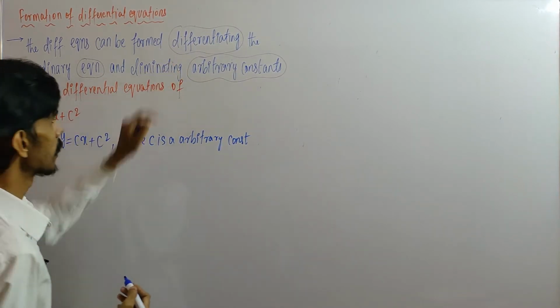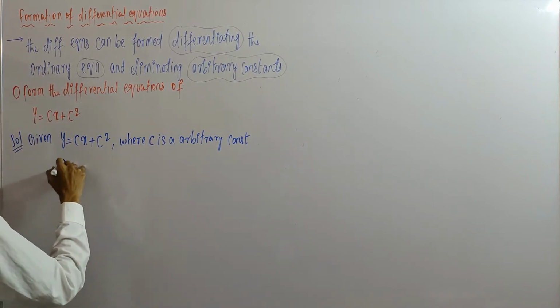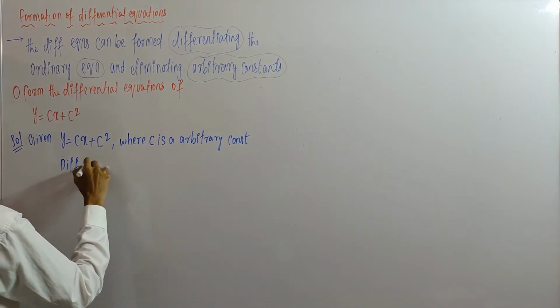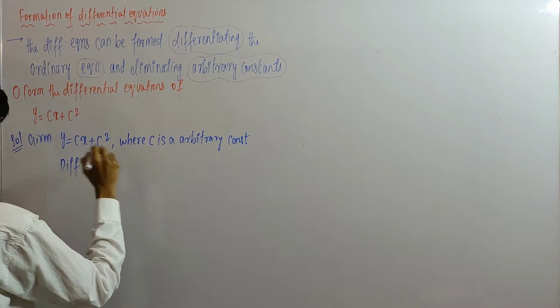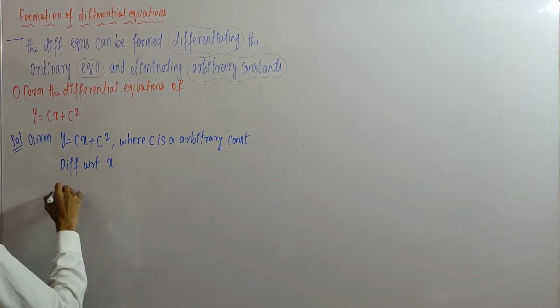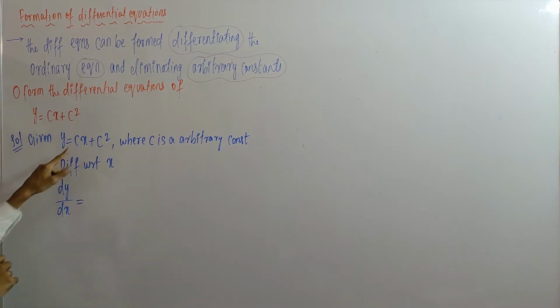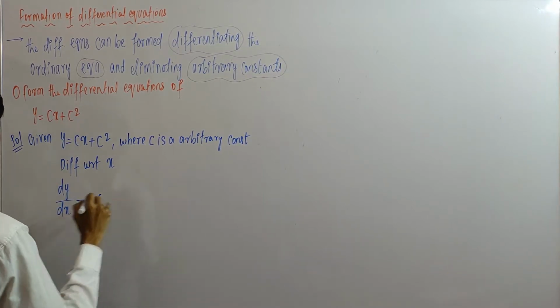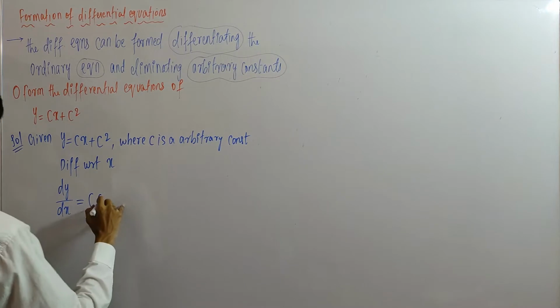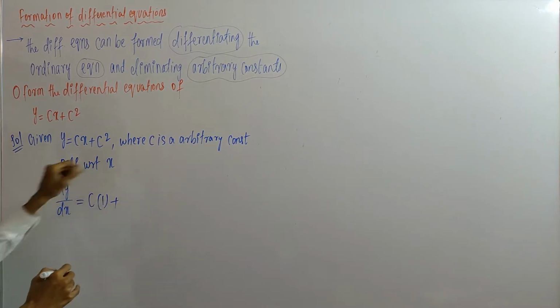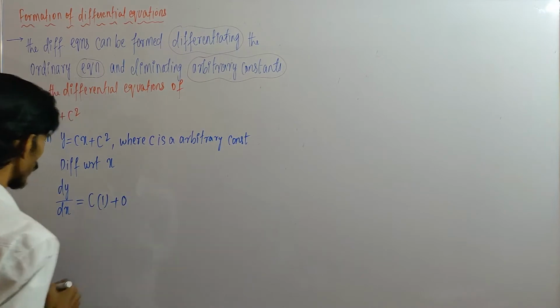First step is differentiating. So differentiate with respect to x. This will become dy by dx is equals to c is a constant, derivative of x is 1. Here c square is a constant for us, so derivative of constant is 0.